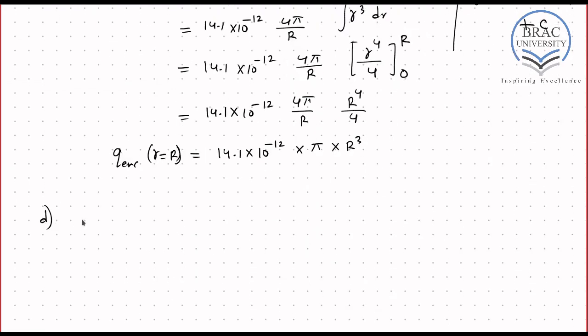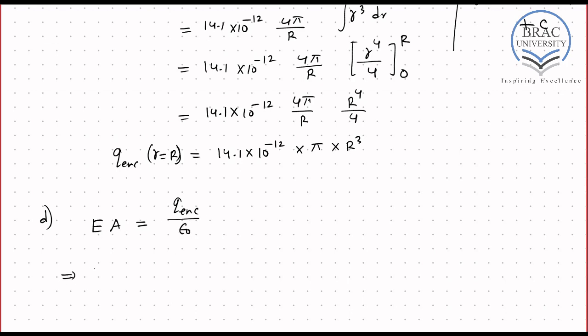Question D. If you remember, Gauss's law in our symmetric case becomes E, the electric field magnitude, times the area of the Gaussian surface equals Q enclosed divided by epsilon naught.